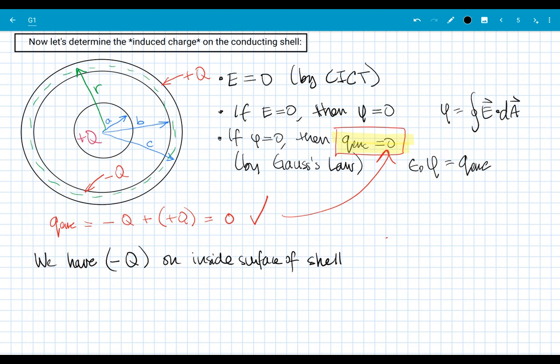It can be all over the surface. It's just inside the material, E is 0. And then we have positive Q on the outside surface of the shell. And this is what we call our induced charge.